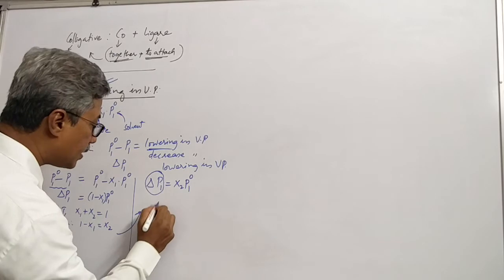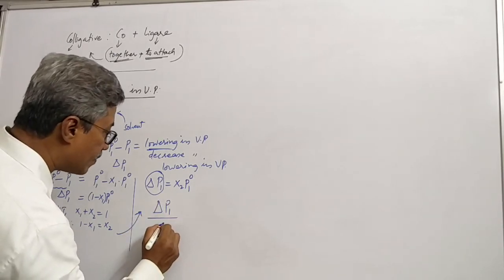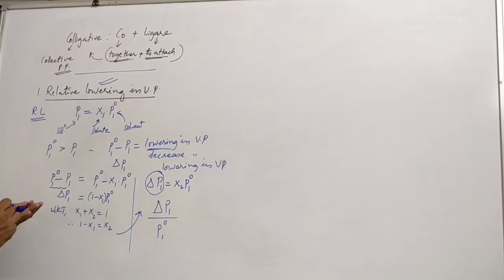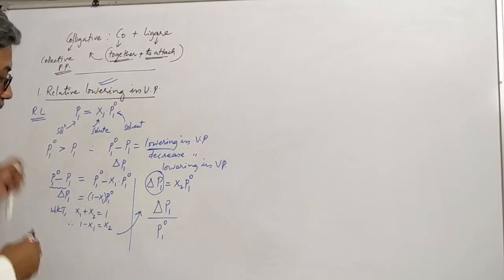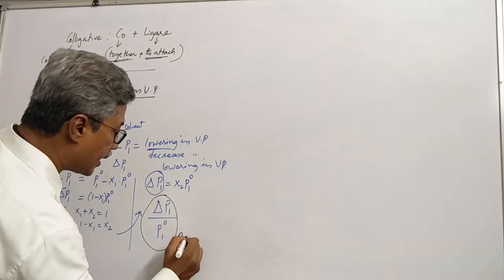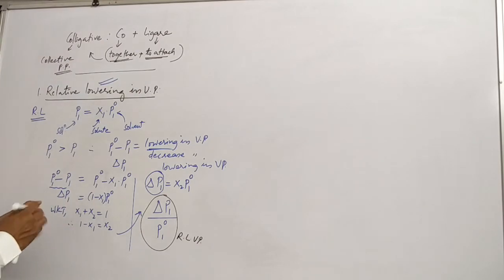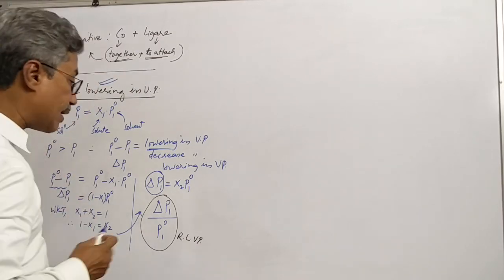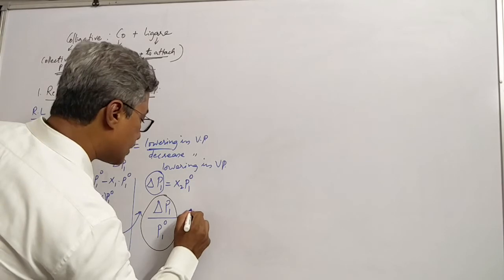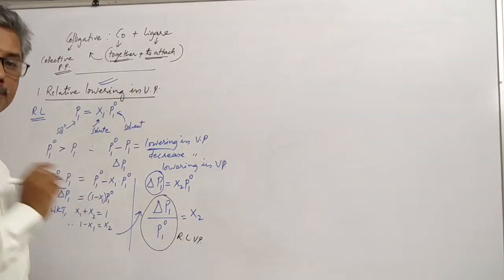Clear? Now, this lowering in vapor pressure, if it is divided by the vapor pressure of the pure solvent, then this will be regarded as relative lowering in vapor pressure. This relative lowering in vapor pressure is equal to what? Mole fraction of the non-volatile solute added into the solution.